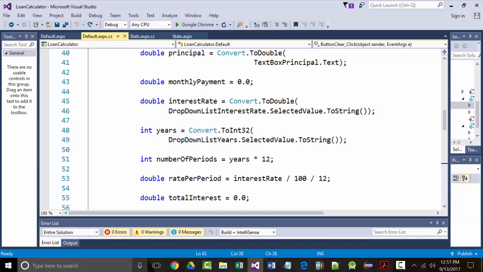The other thing, and again, the person who did this is not looking on the board right now, but that should not be a double. Why? Yeah, because you wouldn't typically take out a loan for part of a year.